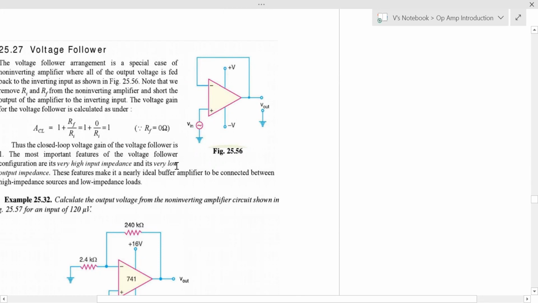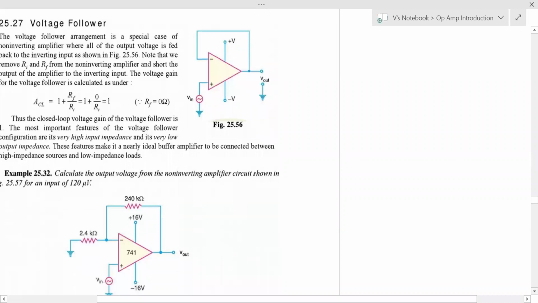So it is not actually an amplifier, it is called a buffer, to be connected between a high impedance source and low impedance loads. If there is a low impedance circuit at the output and a high impedance source at the input, then this circuit is used to connect these two circuits. So this is called a buffer. I hope the point is clear.